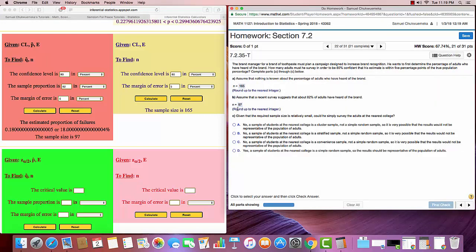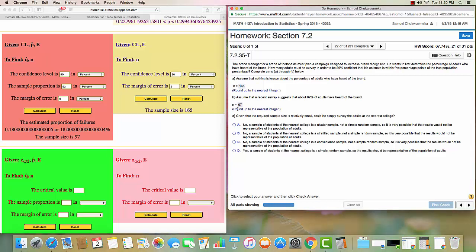C, given that the required sample size is relatively small, could he simply survey the adults at the nearest college? Okay, let's look at this question again. The brand manager for a brand of toothpaste must plan a campaign designed to increase brand recognition.